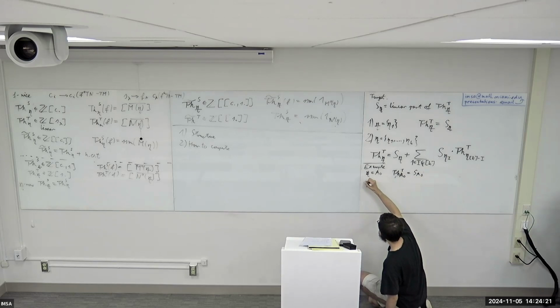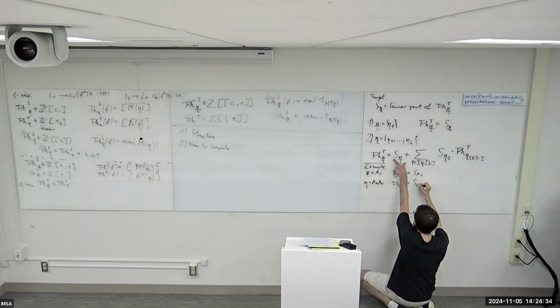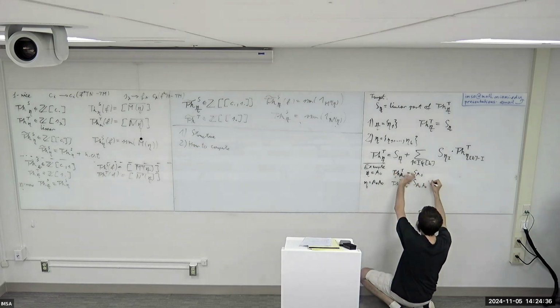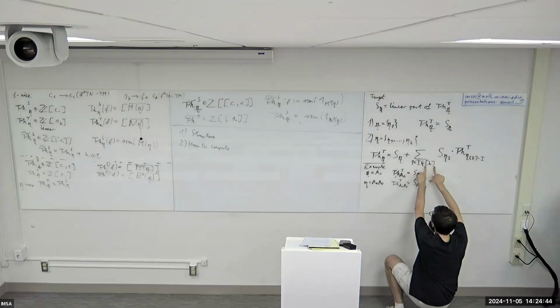If we take a0, then we have Thom a0 equals S linear part, S a0, and then there is only one subset. There's only one subset which is not empty, which is contained in 1, 2, contains 1 and is not whole.